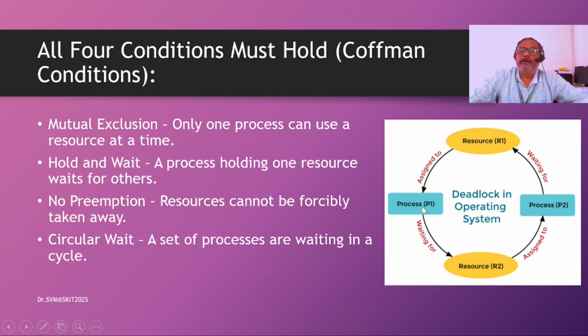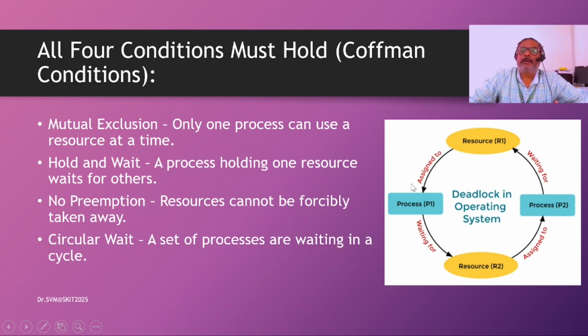So P1 has to release R1 only after completing its work. To complete its work, it needs R2. So nobody from outside can stop P1 or P2 from its work, because no preemption is possible.